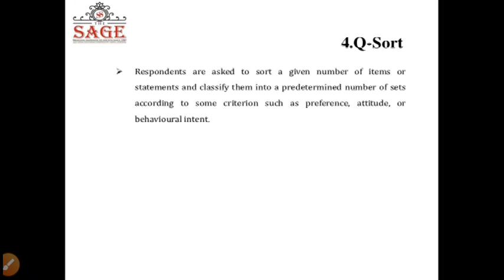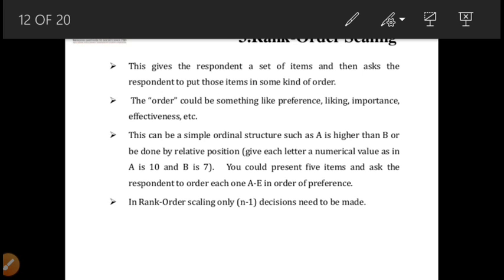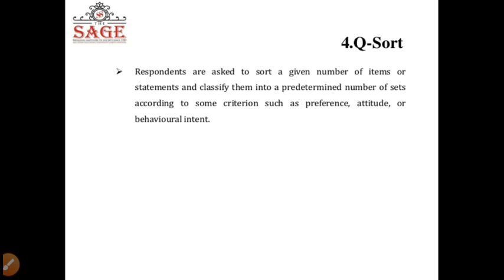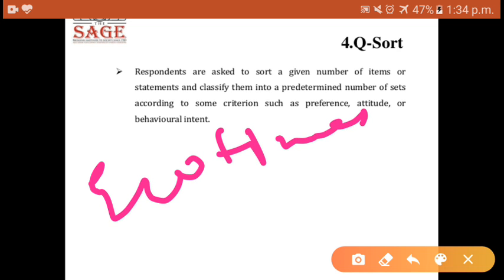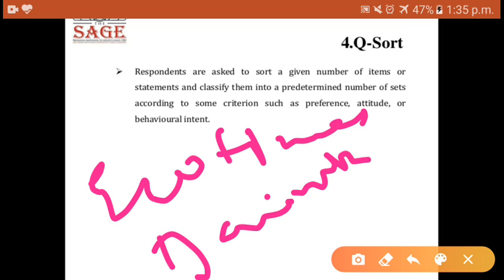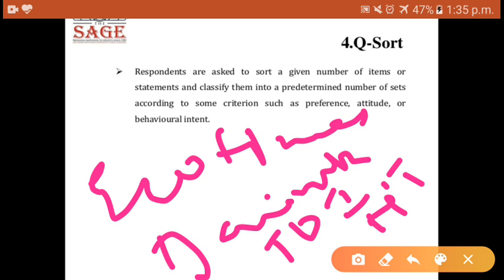For example, I want to find out Economic Times, how favorable it is. Then I'll take Bhaskar, how popular it is. Then I'll go to Times of India, then Hindustan Times, then Asian Age.